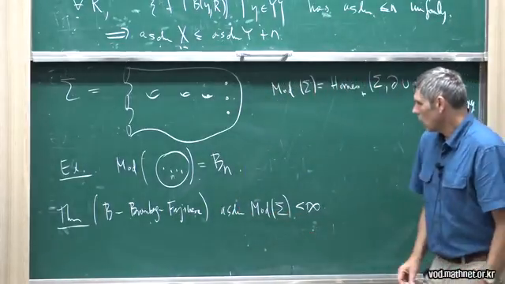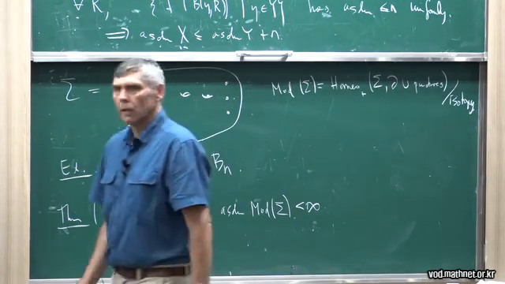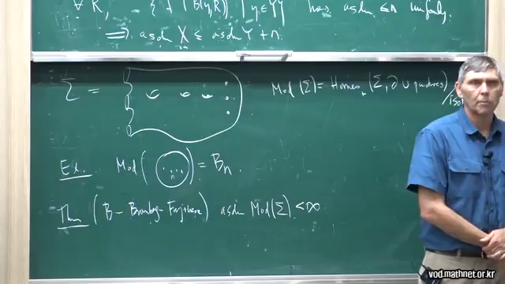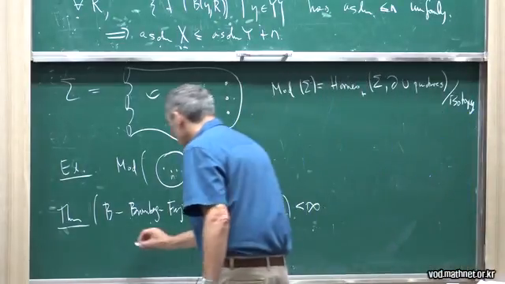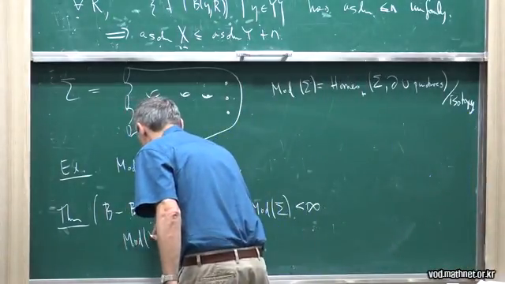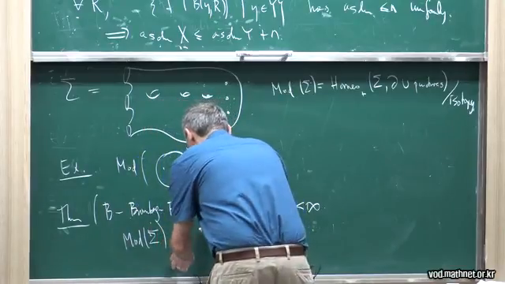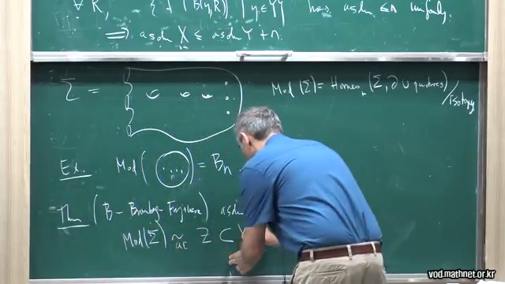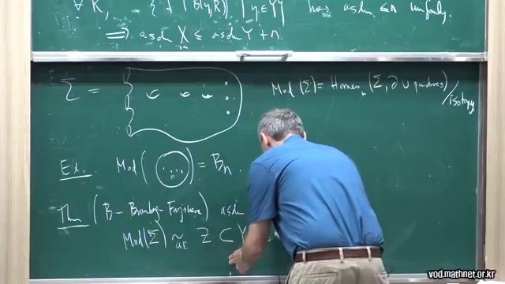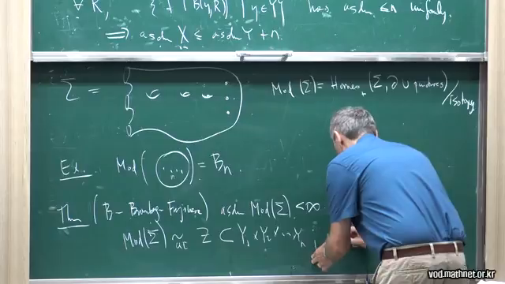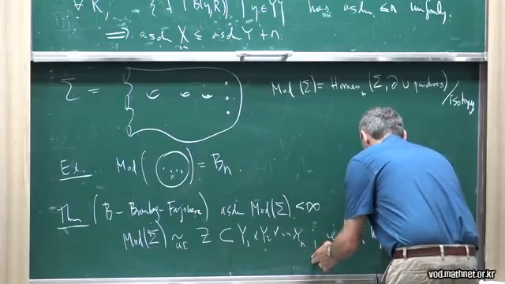But moreover, it is quasi-isometric to some subset of a finite product of hyperbolic spaces. So Mod(sigma) is quasi-isometric to some subset, say Z, inside a product Y1 cross Y2 cross ... Yn, where each Yi is hyperbolic.